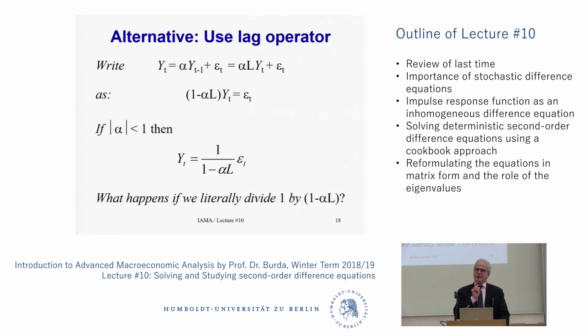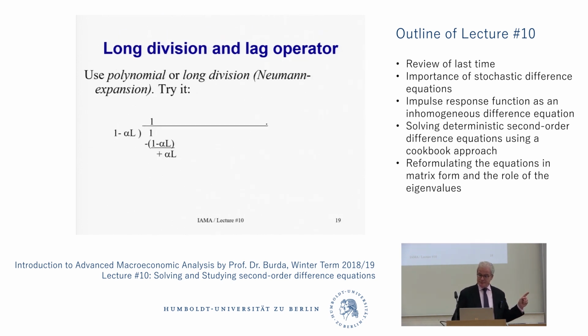But again, I just want to assert that as long as alpha is less than 1 in absolute value, I can do this. For those of you who do math, it's the Neumann expansion. It's the same thing. Just try it. So I take 1 minus alpha L and divide it into 1. Remember, it's a linear operator. I can do this. It's allowed.